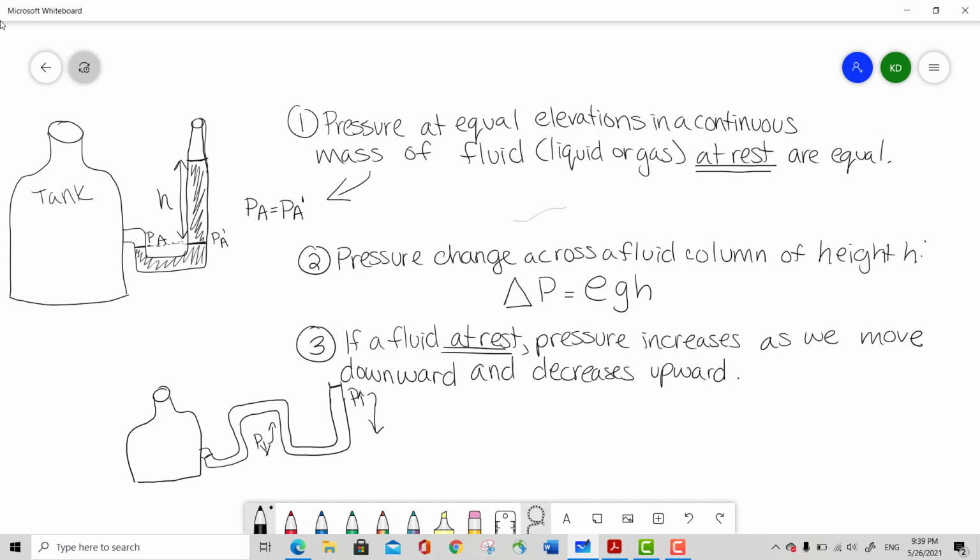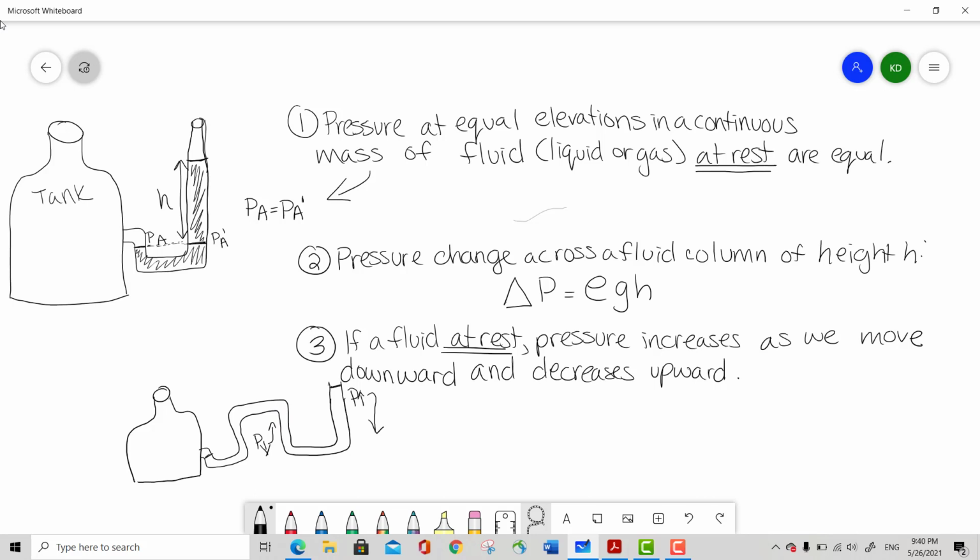The pressure would be a lot higher. You would feel that pressure on your body. You would feel it in your ears. When you're a diver and you start from a shallow area and you dive deeper and deeper, that pressure is increasing because the weight of the water is on top of you. So that's how I want you to remember that as you go deeper or as you move downward, the pressure increases. And as you move upward, the pressure decreases. That's the first thing that I want you to remember about this third principle.